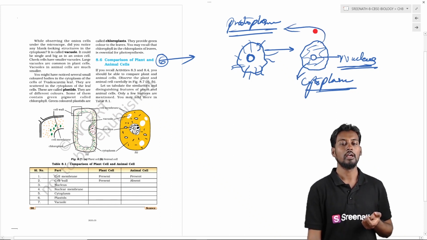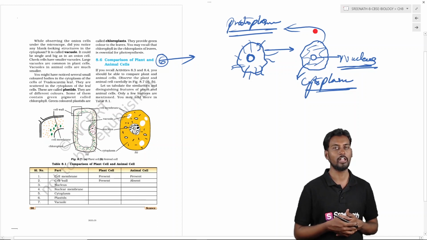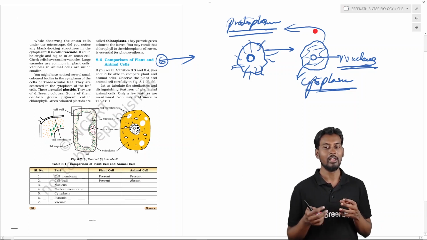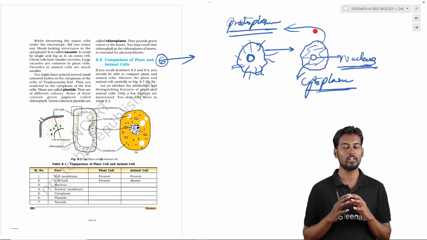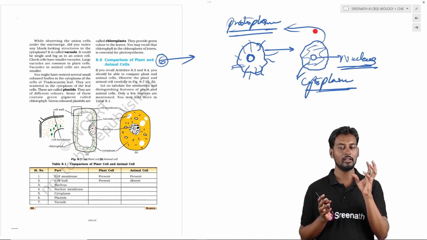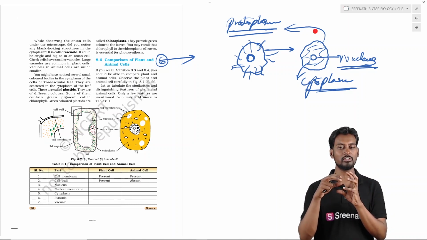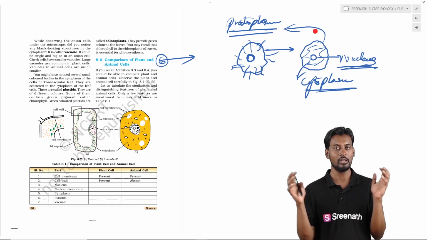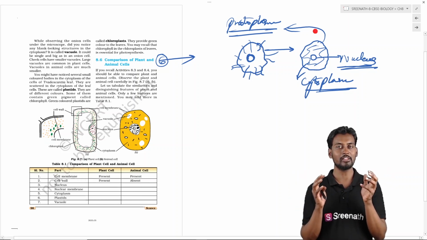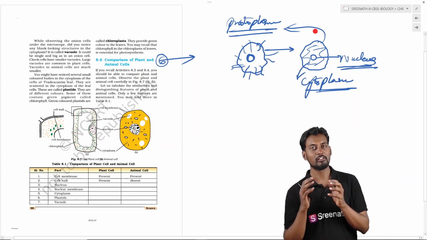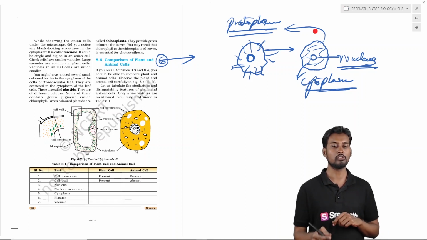This is called protoplasm. Protoplasm doesn't have any wall around it, and this cytoplasm along with the nucleus is highly unstable. The protoplasm carries the nucleus, cytoplasm and also cell organelles together.